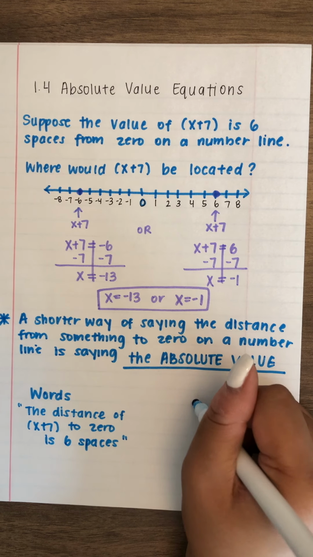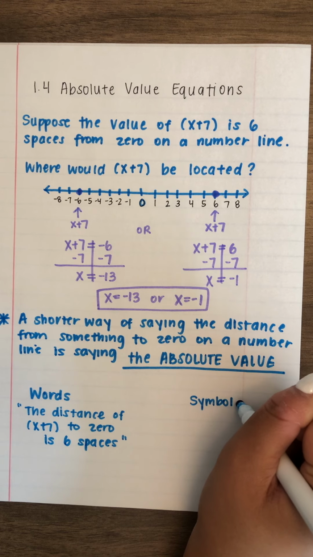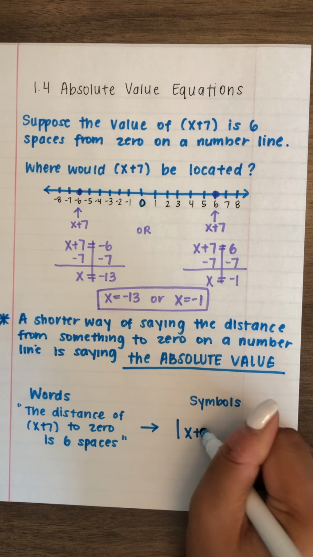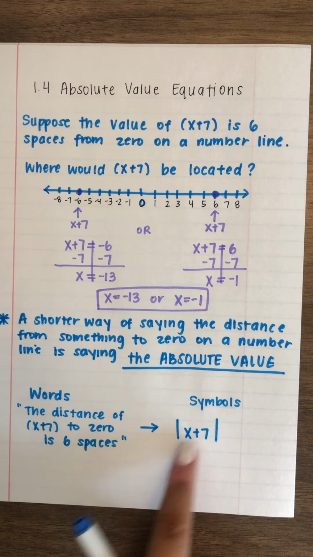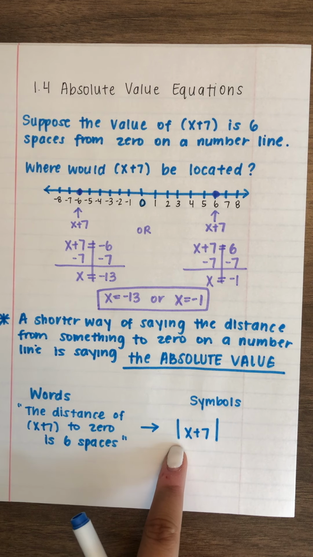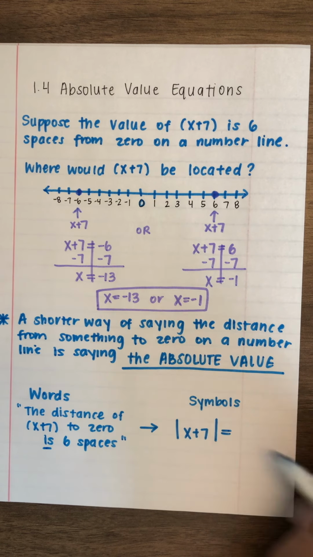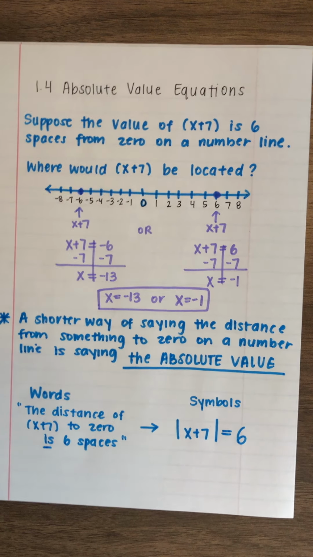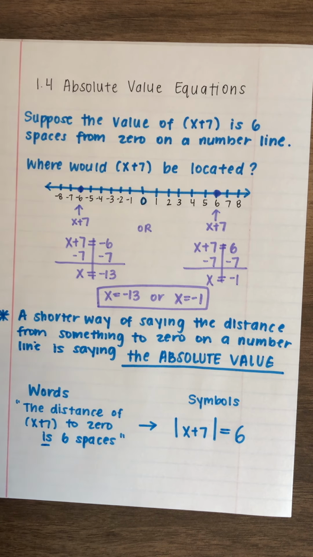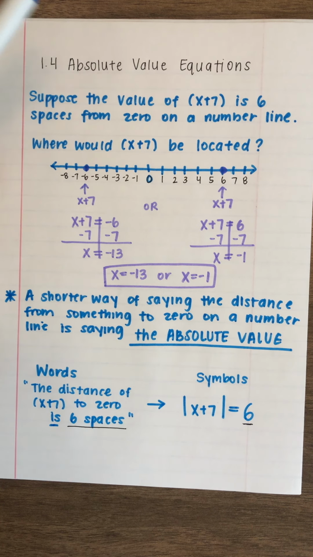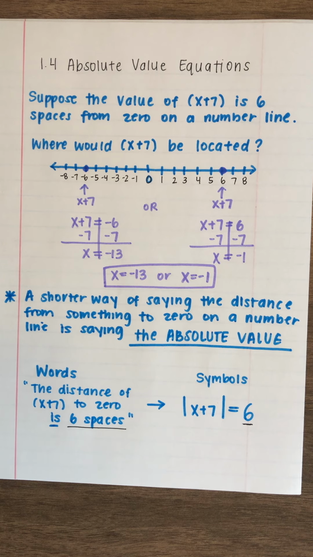So the symbolic version of these words is the distance of x plus 7, so that's the absolute value of x plus 7. And the absolute value symbols are these bars on the side. So the absolute value of x plus 7 is equal to 6 spaces. Again, this number is the number of spaces that x plus 7 is from 0.